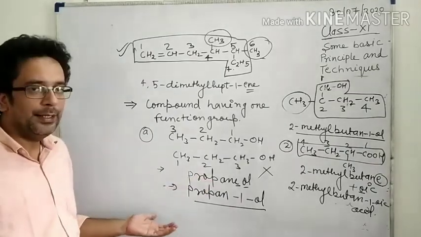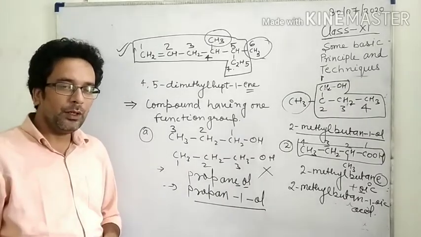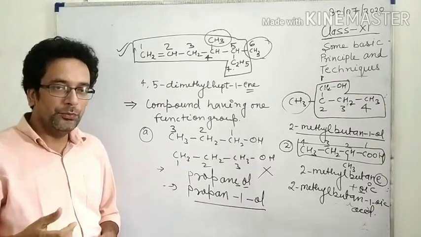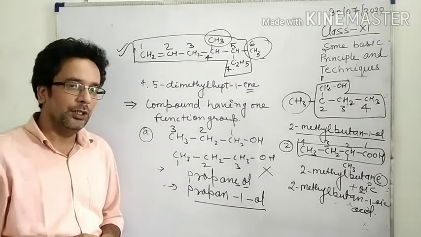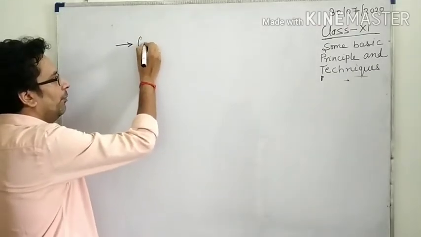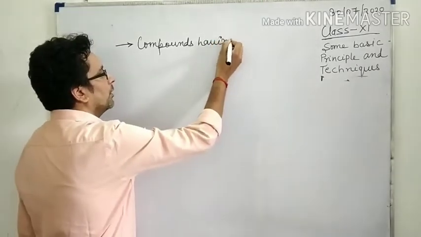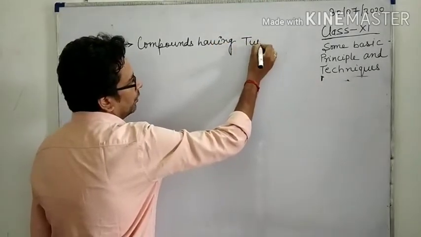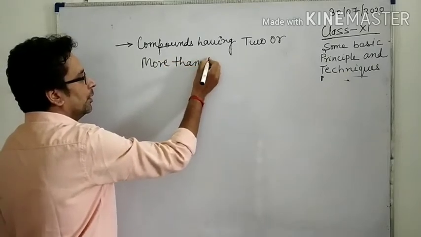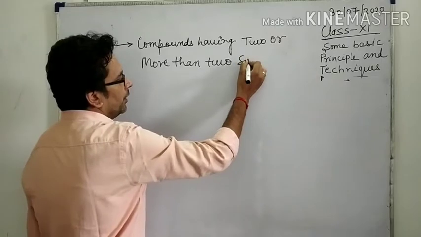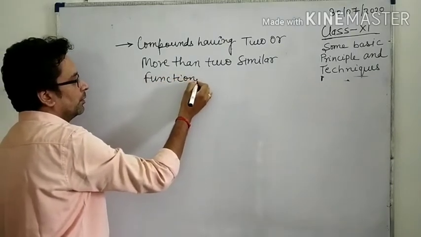Okay, in the similar way, aldehyde, ketone and so on. Now next going to discuss naming of organic compounds having more than one similar functional group, that is, two or more than two similar functional groups.